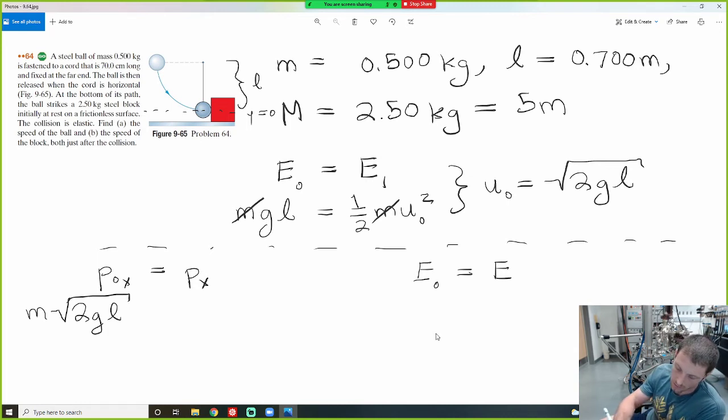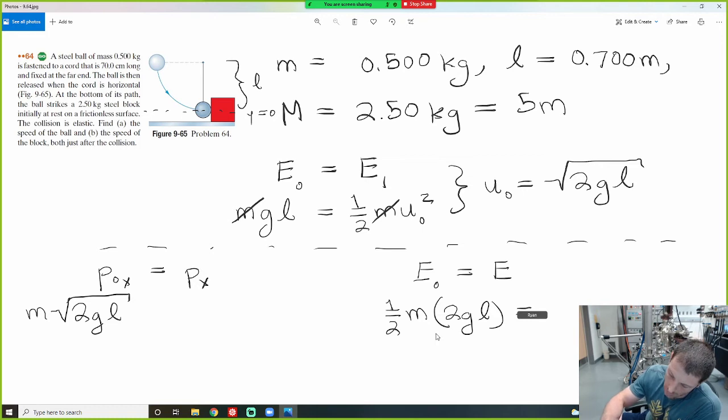Let's look at what the energy is. The energy is just kinetic, and it's going to be 1/2 m u naught squared. So that is 1/2 m, and u naught squared is just 2gL. Okay. And let's fill this in since we're here already. We're going to have that the final energy is also just kinetic because this is all happening now basically on flat ground.